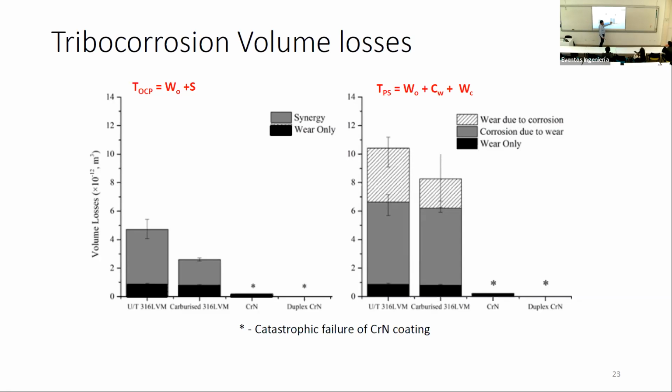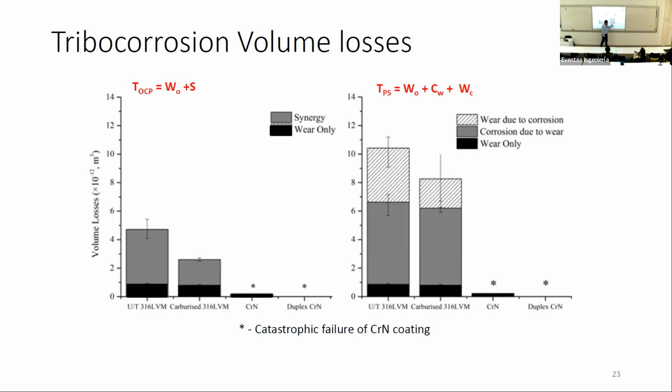For tests under anodic potential, of course, the material losses are much more. We're seeing that the corrosion due to wear, this cycling, removal, and formation of the passive film, accounts for the biggest loss. Carburizing is more resistant to wear due to corrosion.